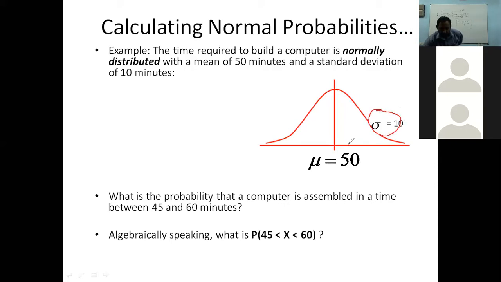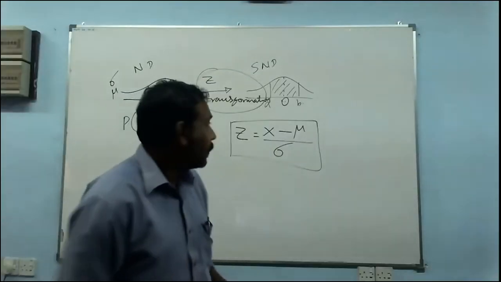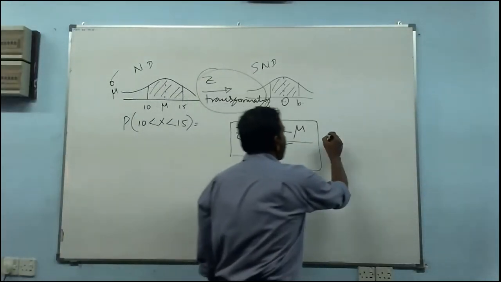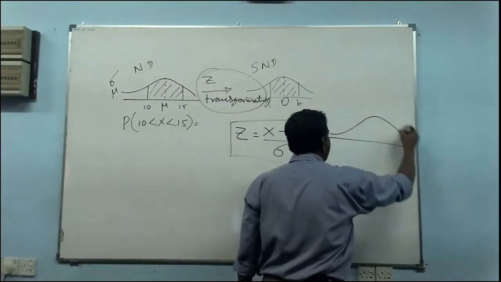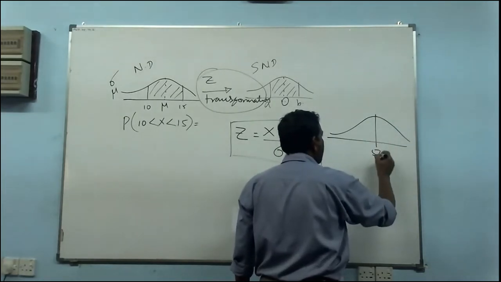Standard deviation is there, mean is there. Now my question is, what is the probability that a computer is assembled in a time between 45 and 60 minutes? In other terms, we are asking for the probability between 45 and 60. The mean is 50.